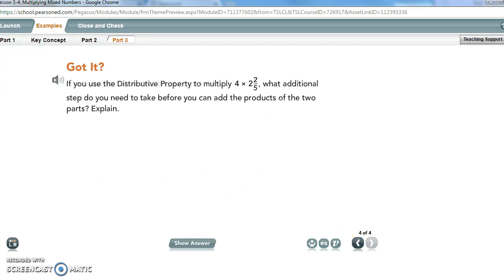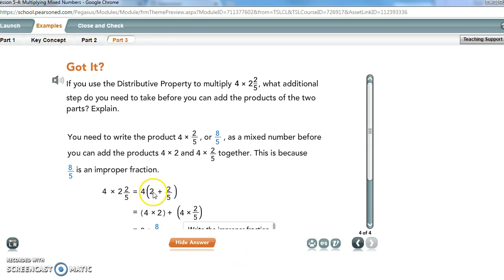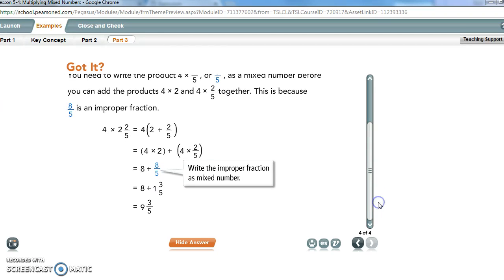Last problem. If you use the distributive property to multiply 4 times 2 2/5, what additional step do you need to take before you can add the products of the two parts? Explain. You need to write the product of 4 times 2/5, or 8/5, as a mixed number before you can add it to the product of 4 times 2, because 8/5 is going to be an improper fraction.